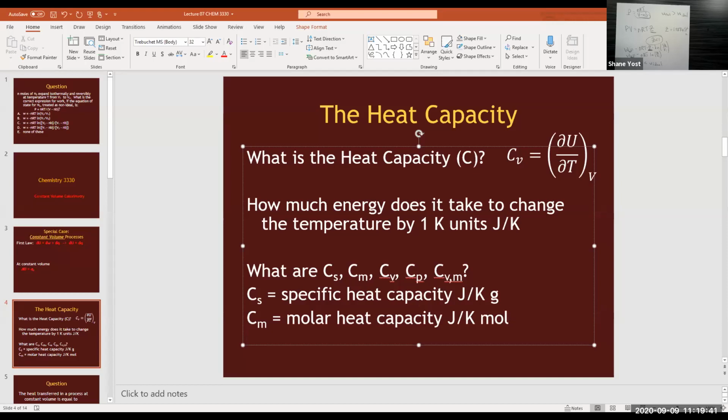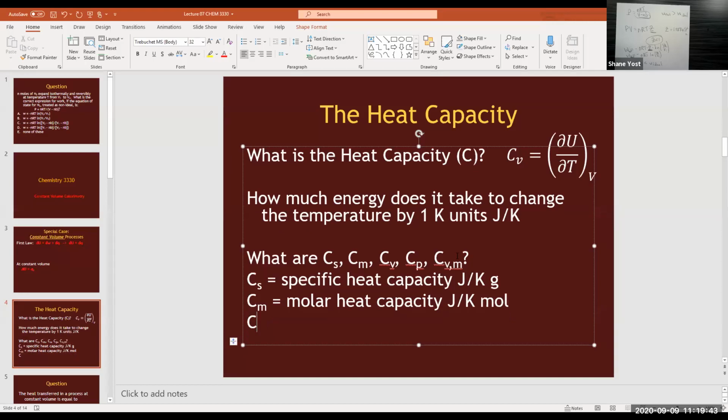CV is equal to what? What is that? Constant volume heat capacity. So when we talk more about gases, right?